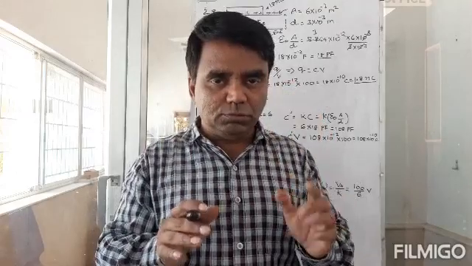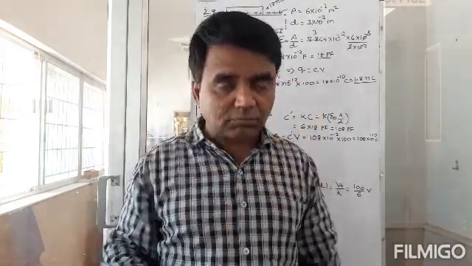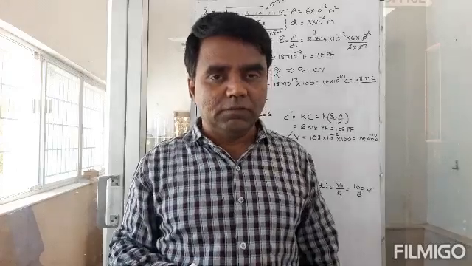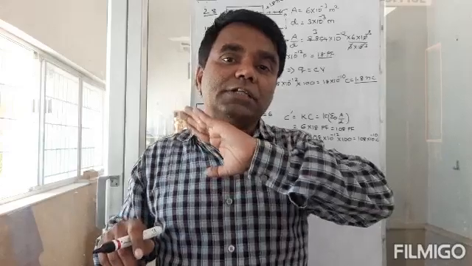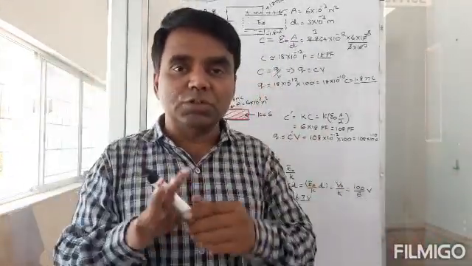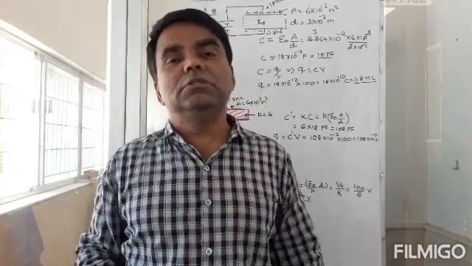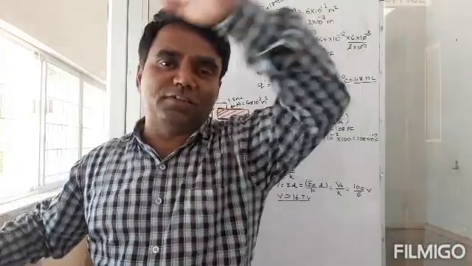Now you insert a dielectric material between the two plates. The voltage will show you a reduced voltage, about 17 volts. From 100 volts, it will come down to 17. And if you remove the dielectric material, it will go back to 100 volts.